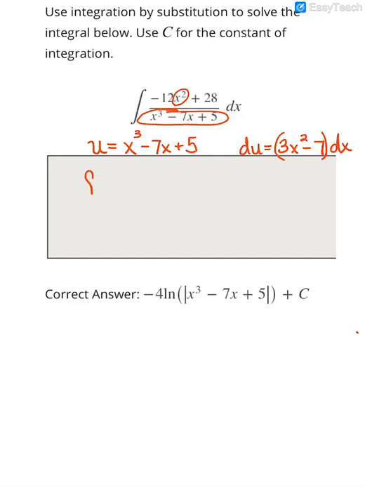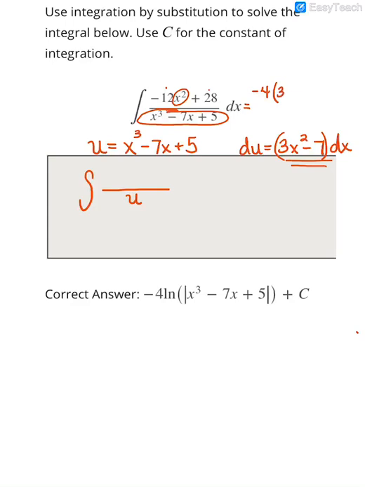Okay, so when we get ready to plug in, obviously we have a u on bottom. Now the problem is we don't readily see this actually sitting up here. But if we come up here, notice the 12 and the 28 have a factor of 4 in common. Actually, I'm going to take out the negative with it, negative 4 in common.